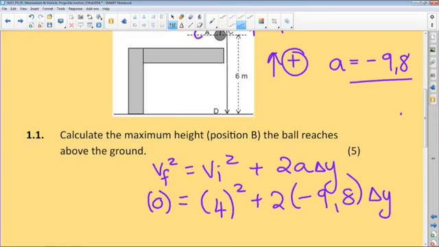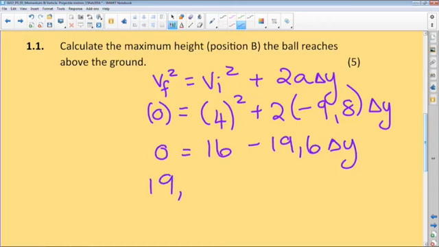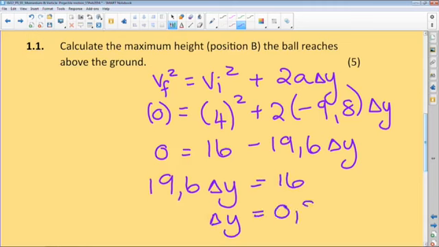Very important here. That's 0. 4 squared is 16. That's minus 19.6 delta y. I'm going to take the delta y over because I want to solve for delta y, so it becomes positive. I would now divide both sides by 19.6, and I'm going to get 0.82 meters.